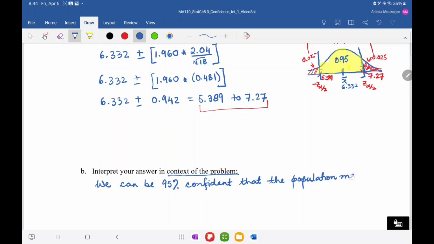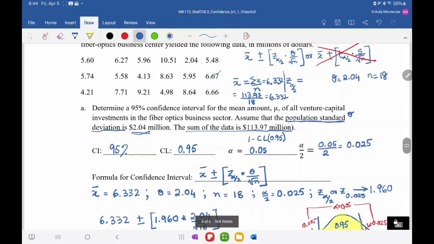Now, I would recommend that the verbiage to use, you can obtain right from the question. You take the verbiage from the question and write it, instead of trying to think how you should phrase it. Just use the verbiage in the question. So the population mean, just copy everything from here: of all venture capital investments in the fiber optics business sector.